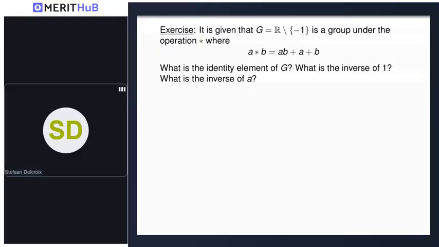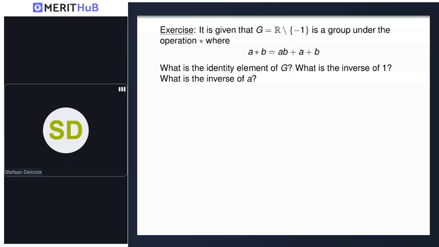Okay, so let's maybe quickly go over this. This is a nice example. It's pretty much like that first question from the cset. So it is given that the real numbers, if you kick out -1, is a group under this very weird operation star. What is A star B? It's AB plus A plus B. And the question is, what's the identity element in this group G? What's the inverse of A1?